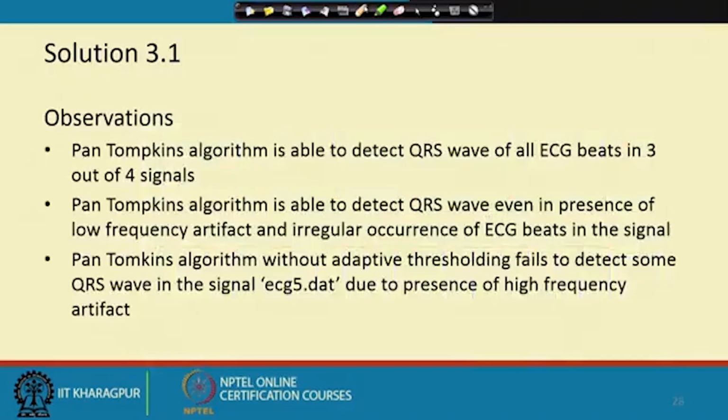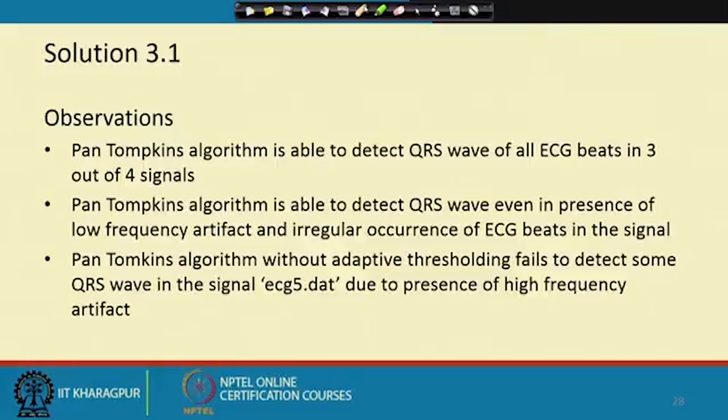Now, we would conclude with our observations. The Pan-Tompkins algorithm is able to detect all the QRS complexes in 3 out of 4 signals. It is able to detect QRS waves even in the presence of low frequency artifact and irregular occurrence of ECG beats in the signal.